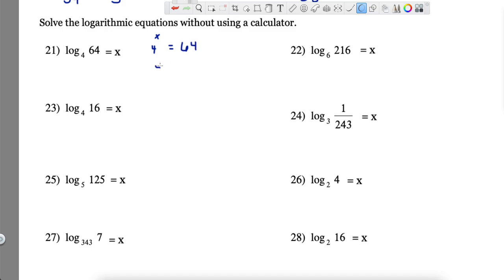Let's rewrite 64 as a base with an exponent. So 4 to the what is 64? 4 times 4 is 16, times 4 is 64, right? So 4 to the third. That means that x equals 3.